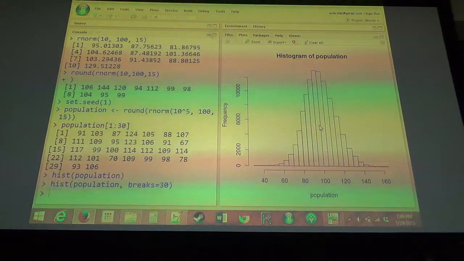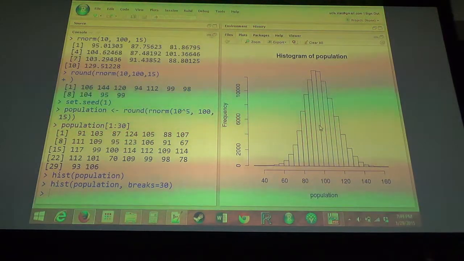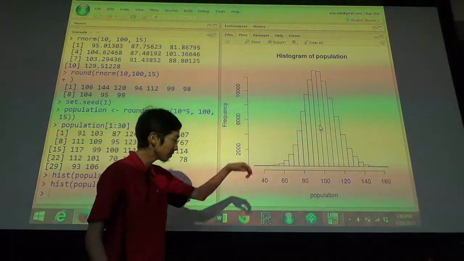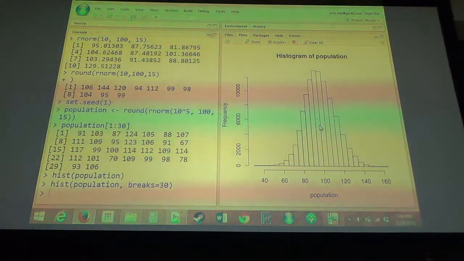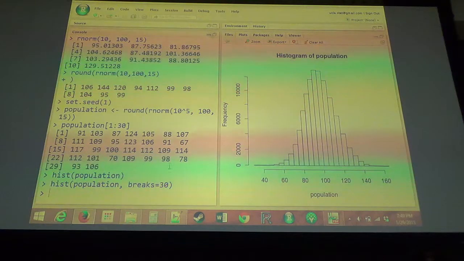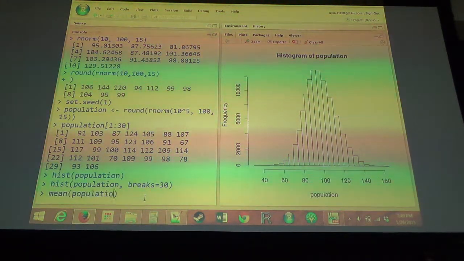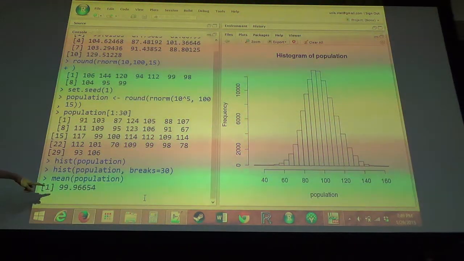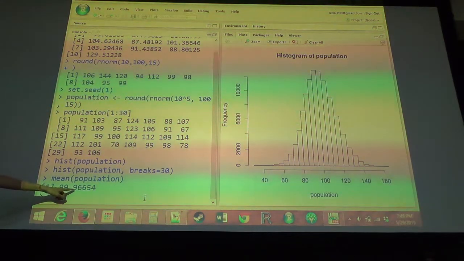All right, so our population looks like a normal distribution, which makes sense because I had the computer create these numbers based on the normal distribution. And we could ask for the actual mean of the population. The mean of all 100,000 people is exactly 99.96654.